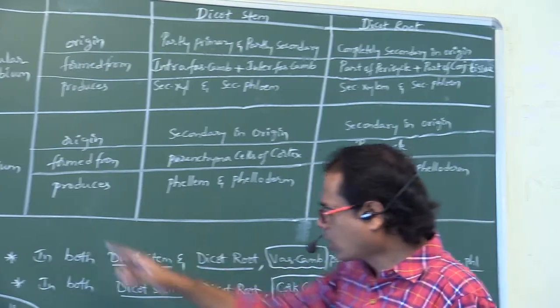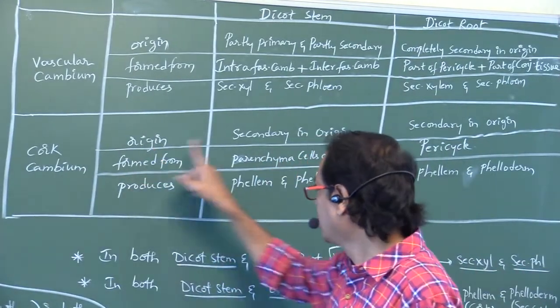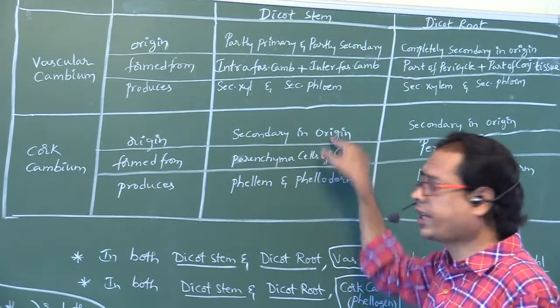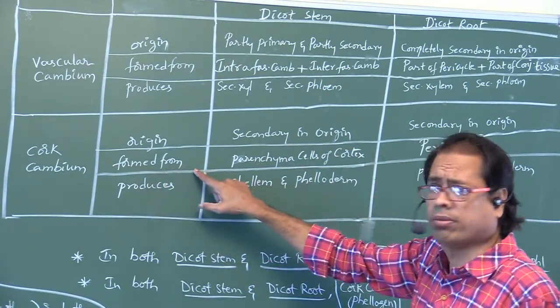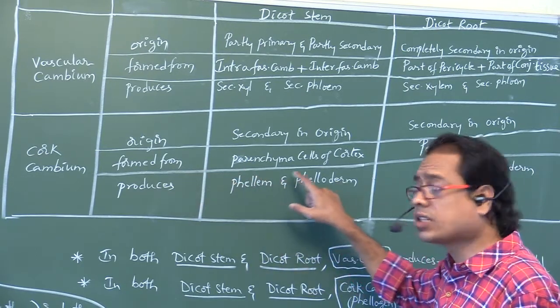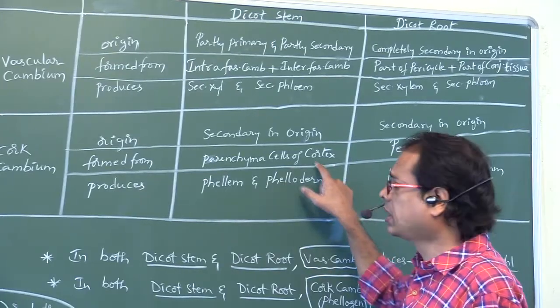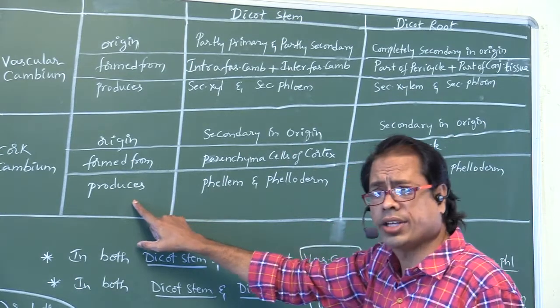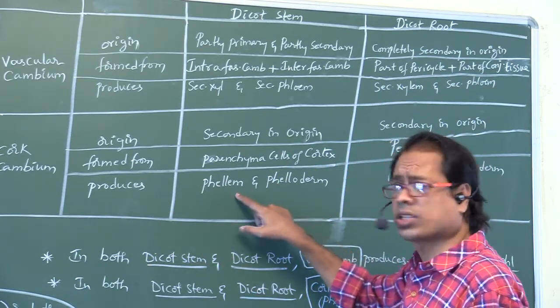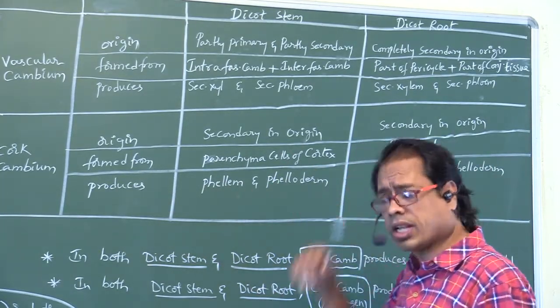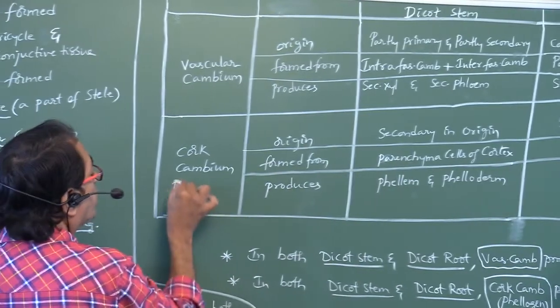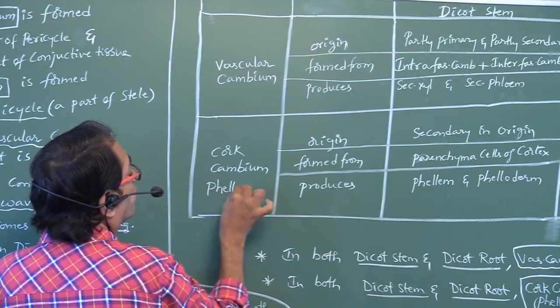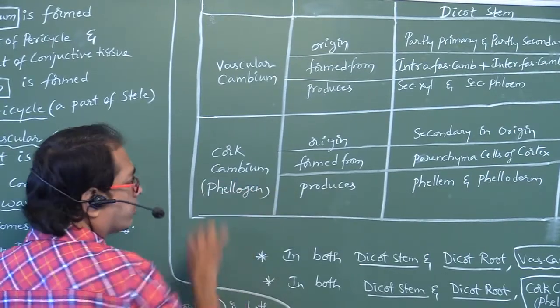Next, cork cambium origin. In dicot stem it is secondary in origin. This cork cambium is formed from parenchyma cells of cortex. It produces phellem towards the outer side and phelloderm towards the inner side. Cork cambium is also called phellogen.